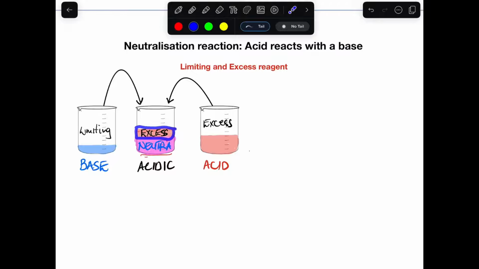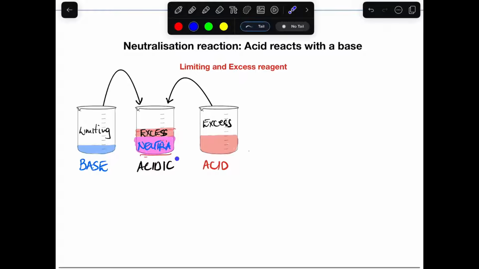We call that amount the excess. Mostly in the long questions on acids and bases, they want the concentration of this, or they want the pH of this. Another important thing: this solution now becomes acidic, because what is more here is the acid, and the excess is an acid.